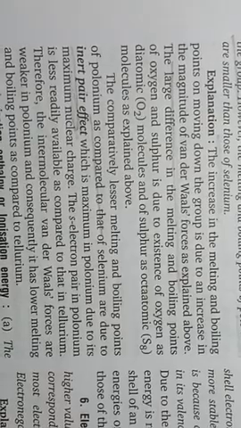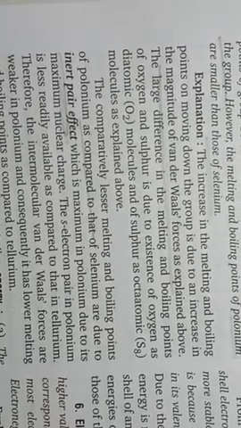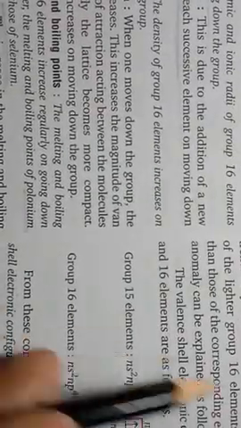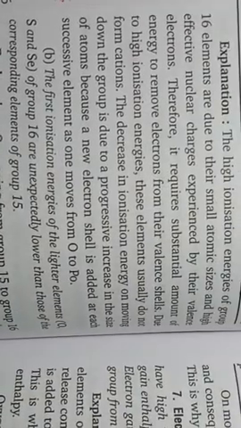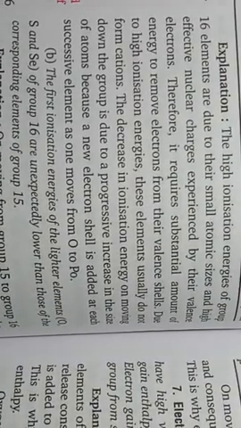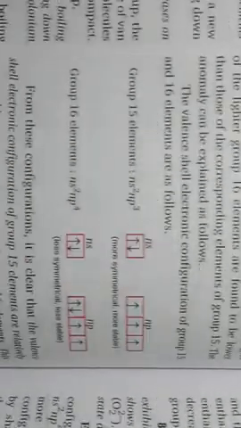These elements have higher ionization enthalpy than group number 15 elements, and this decreases from up to down in the group. Okay, students. Then electronegativity.